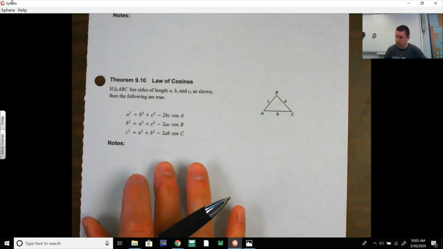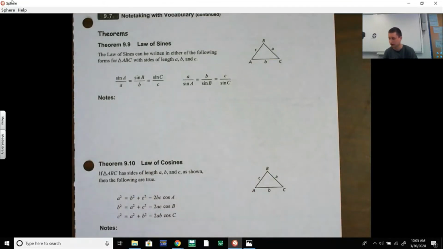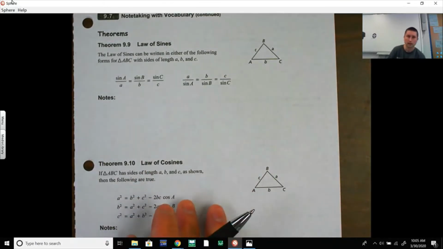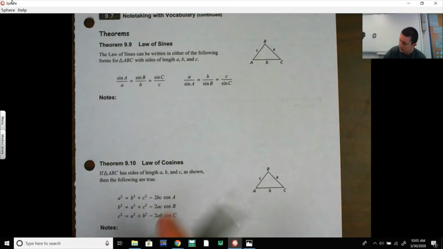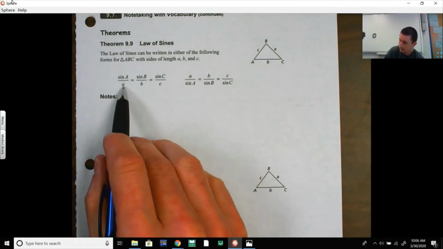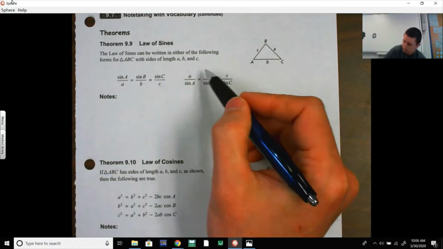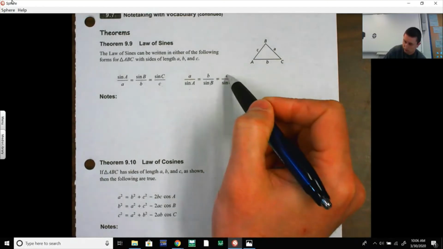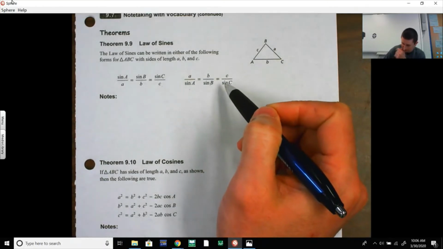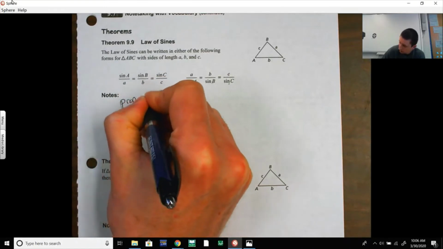So here are your law of sines and law of cosines. The law of sines is a little bit easier to set up. The law of cosines can be a little bit trickier. They can be written in either form: sine A over a, sine B over b, sine C over c, or a over sine A, b over sine B, c over sine C. So these are proportional.